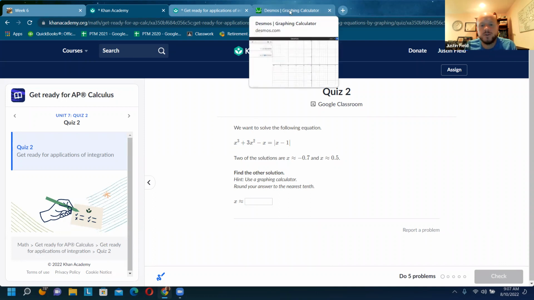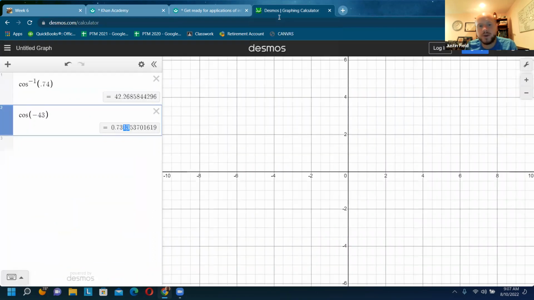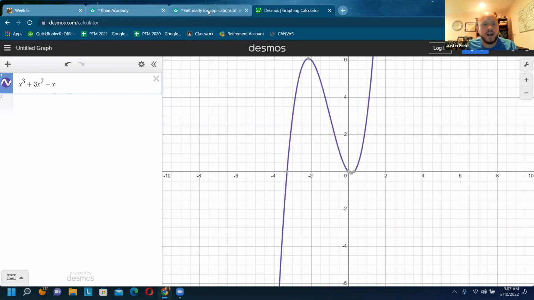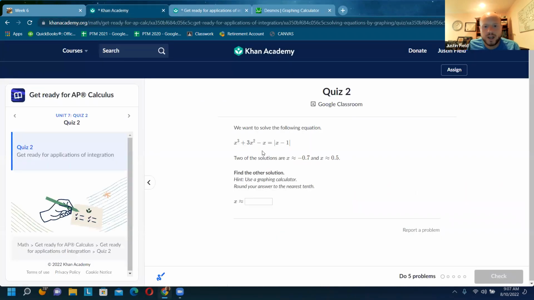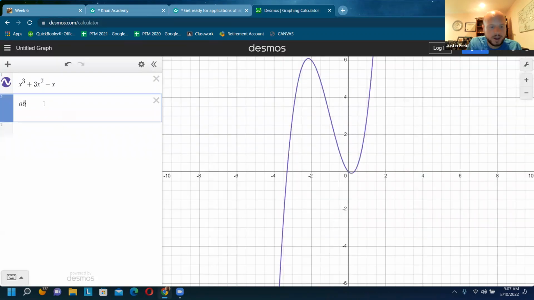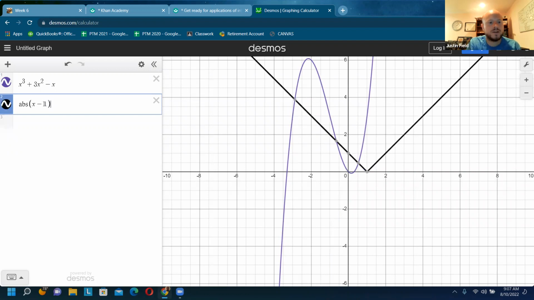So x cubed plus 3x squared minus x. There is that beautiful function. And the absolute value of x minus 1, ABS, x minus 1. There it is. There's another way to put it, but it's ABS.